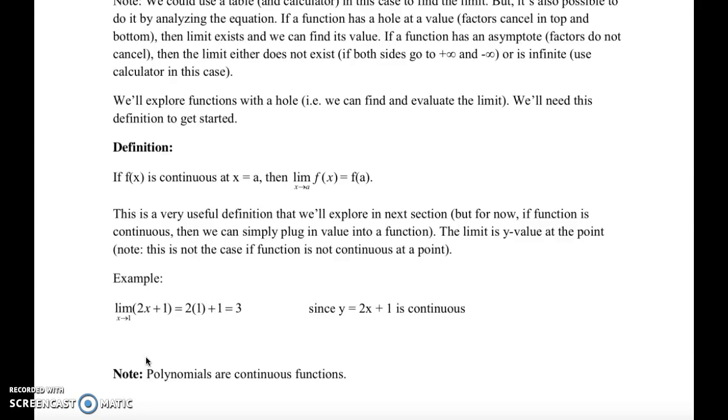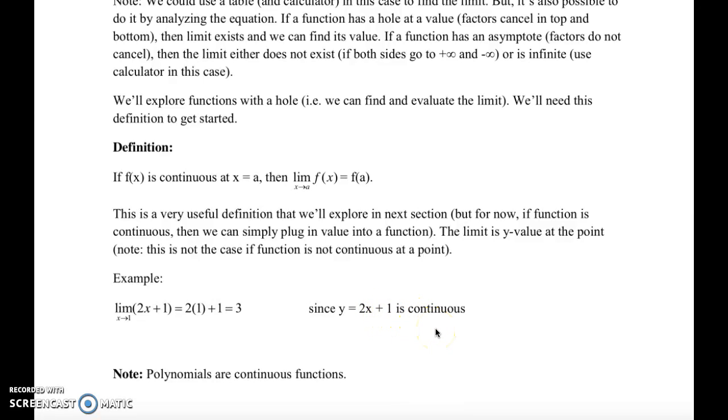As x approaches 1, we have no asymptotes and no holes. This is a polynomial line function, and if we plug in 1, we get a value of 3. So we can say the limit as x approaches 1 of this polynomial function is 3. This is because 2x plus 1 is just a line.